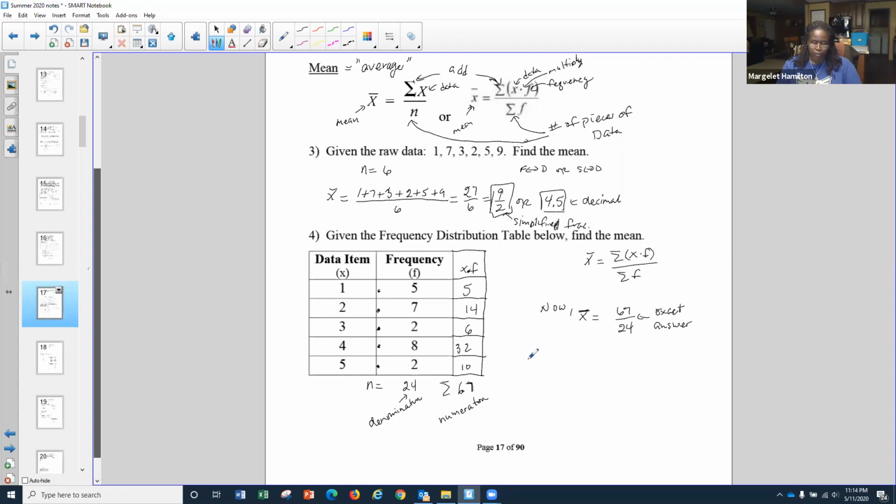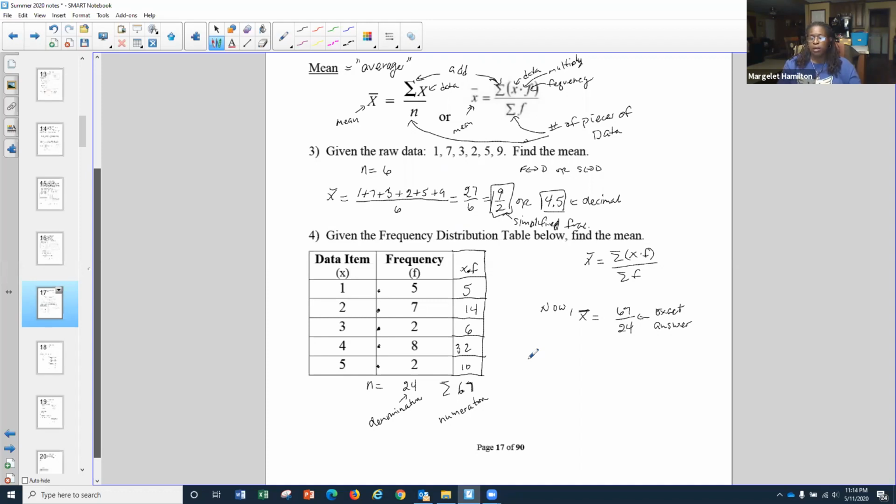Then change it to a fraction, and it does a simplified fraction. And it doesn't give us a simplified fraction. It does 9 over 8. Okay, so 9 over 8.